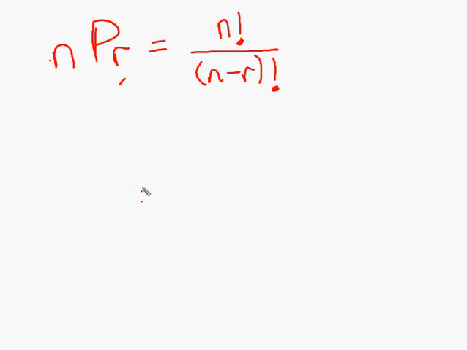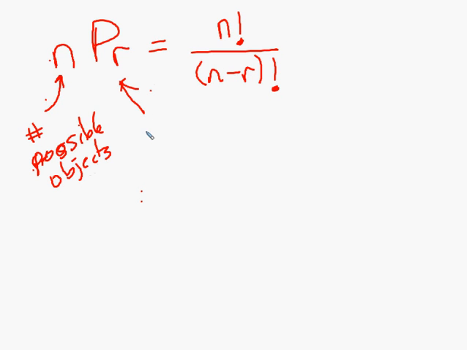Well, what is this factorial thing? Well, first of all, before we get to that, let's set this up. So n is the number of possible objects, and r is the number I'm allowed to choose.